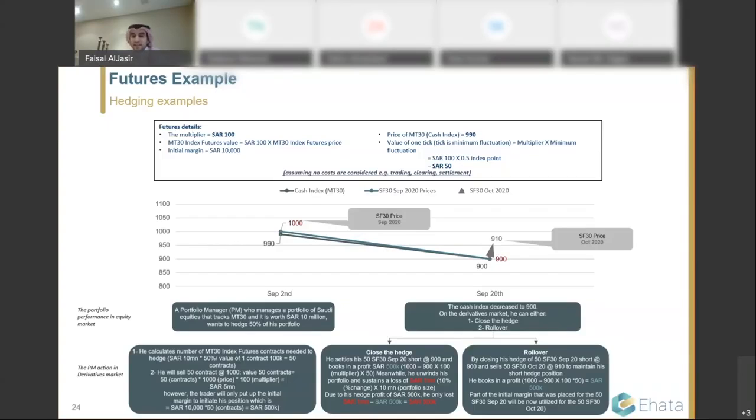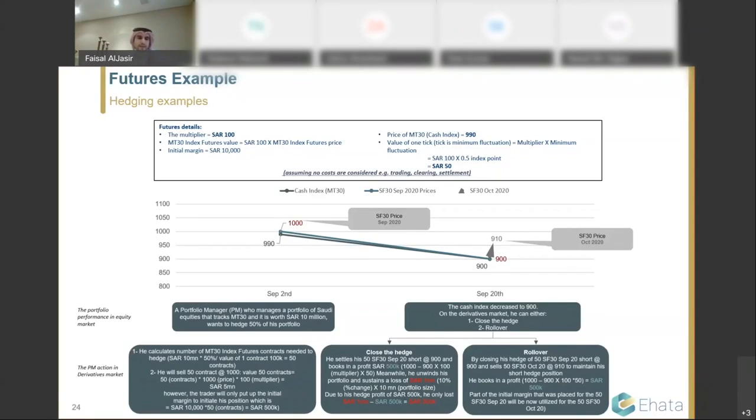Since he gained, the initial margin is there intact, so the CCP can use the same or part of that initial margin to enter into a new transaction for October delivery, a 1 month time delivery.